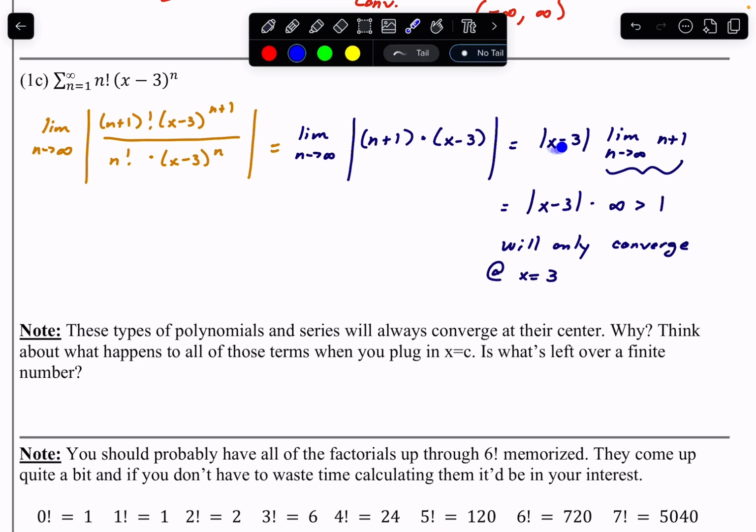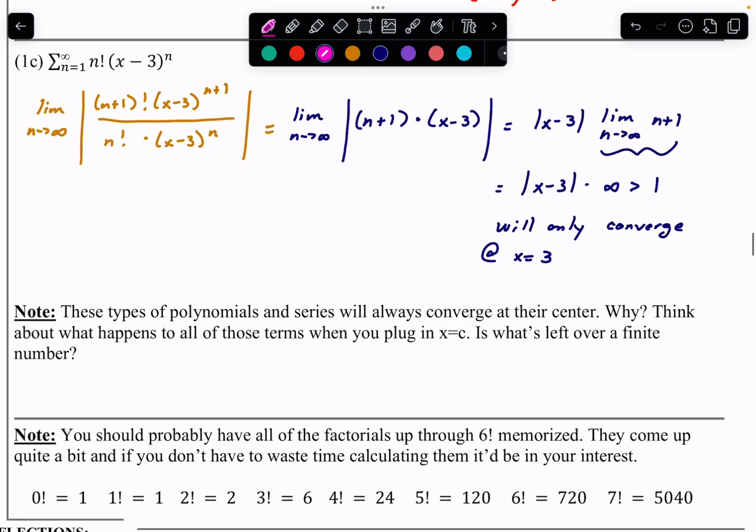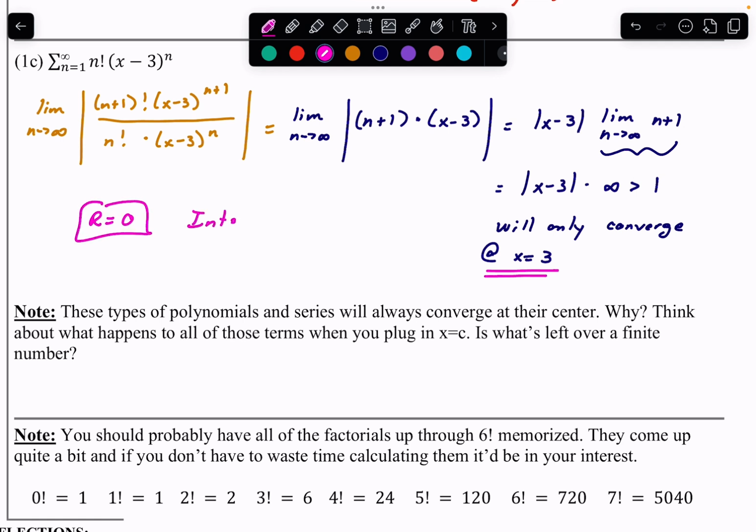So if you plug in a 3 here, you're going to get 0 times infinity. I'm going to show you, based on the Taylor polynomial, a little bit more about that, but it will converge at the center. So we have a radius of 0, and for our interval of convergence, when we only want to list the one term, we'll often write it in brackets. You can also just write x equals 3.